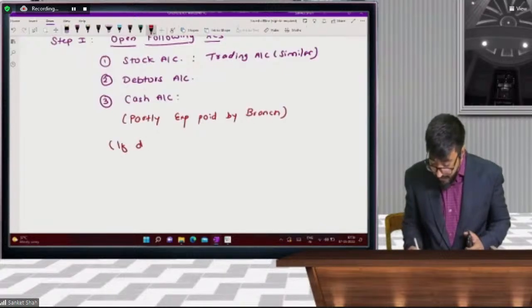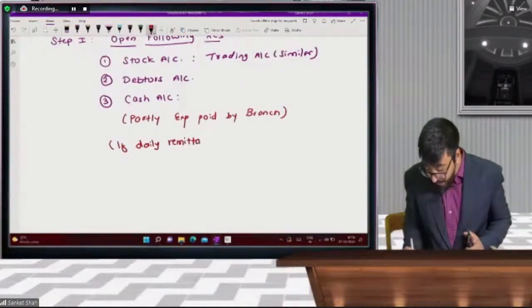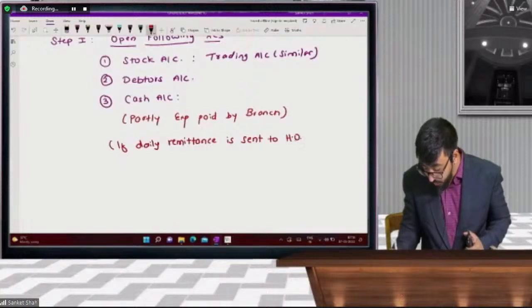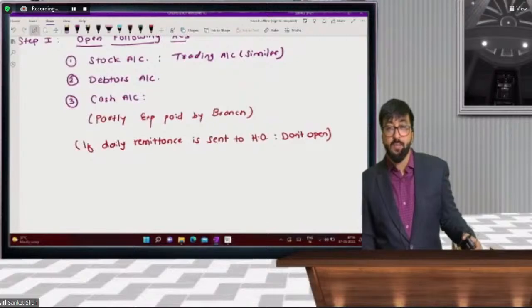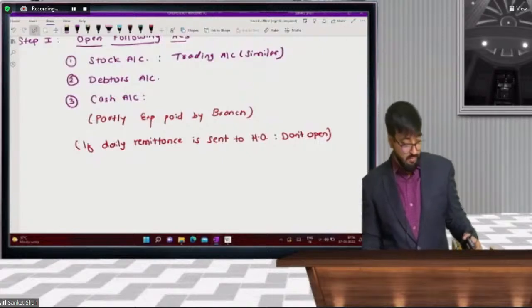If daily remittance is sent to HO, don't open it. If partly expenses are paid by the branch, then only open the memorandum cash account.